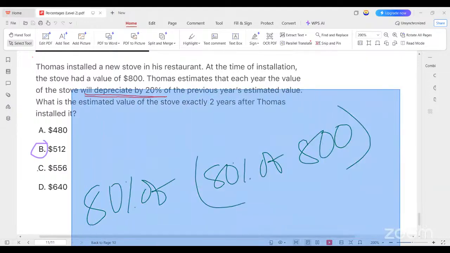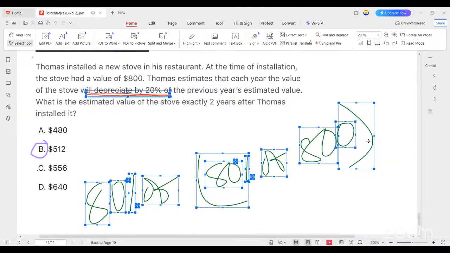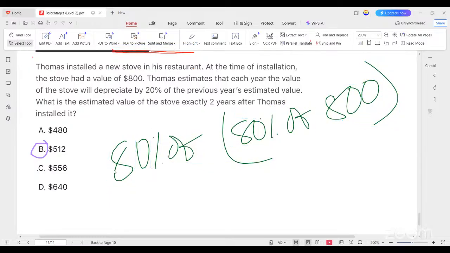A 20% discount means 80% of 800. This is the first point. Again a 20% discount means the second time we apply 80% of whatever the previous value is. This is for your understanding.